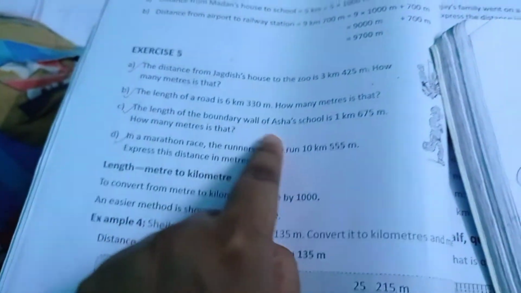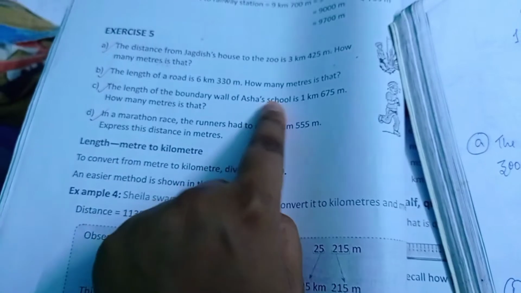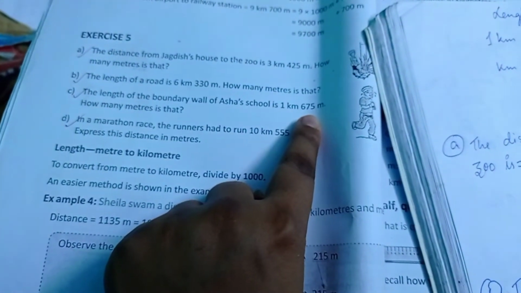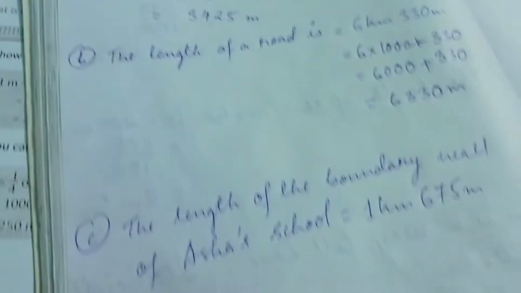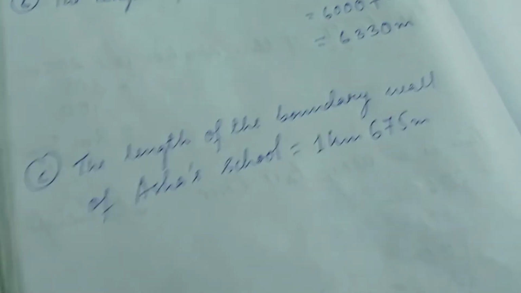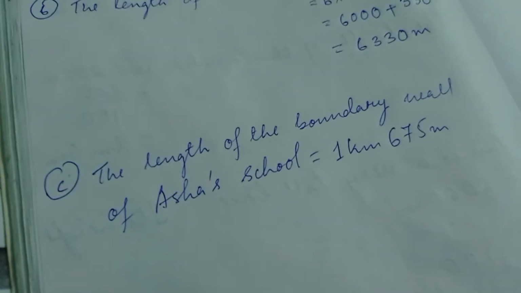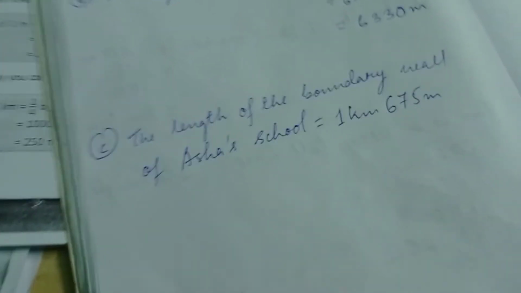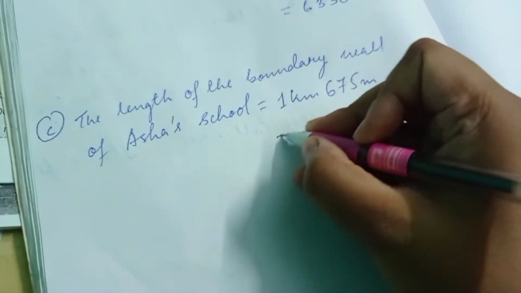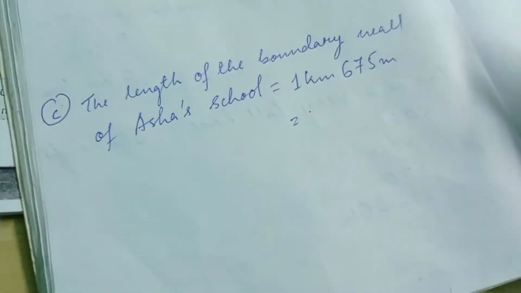The length of a boundary wall of Asa school is 1 kilometer 675 meter. How many meters is that? Same thing, you need to convert this into meter. Again same thing, 1 kilometer, you can put these zeros directly also.